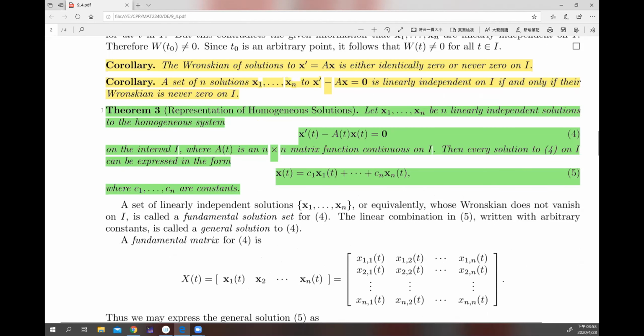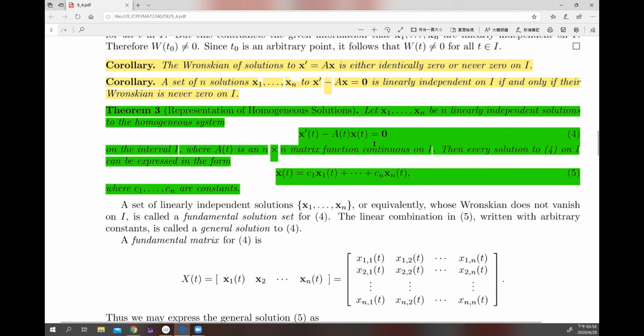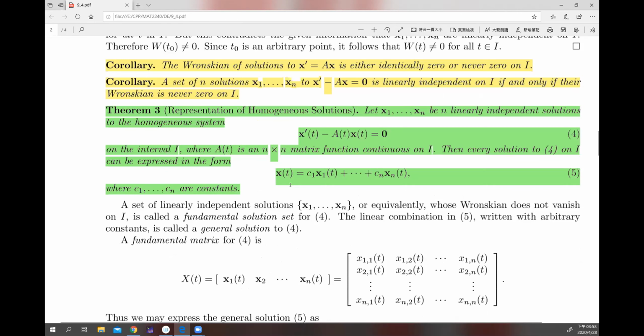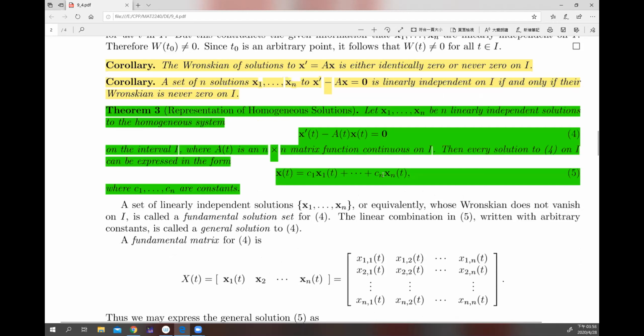All right, next, theorem 3. Theorem 3 is just telling us how we can write solutions for the homogeneous case, having 0 on the right-hand side. So this is similar to our system of equations. The homogeneous case is just the linear combination of all the independent solutions.